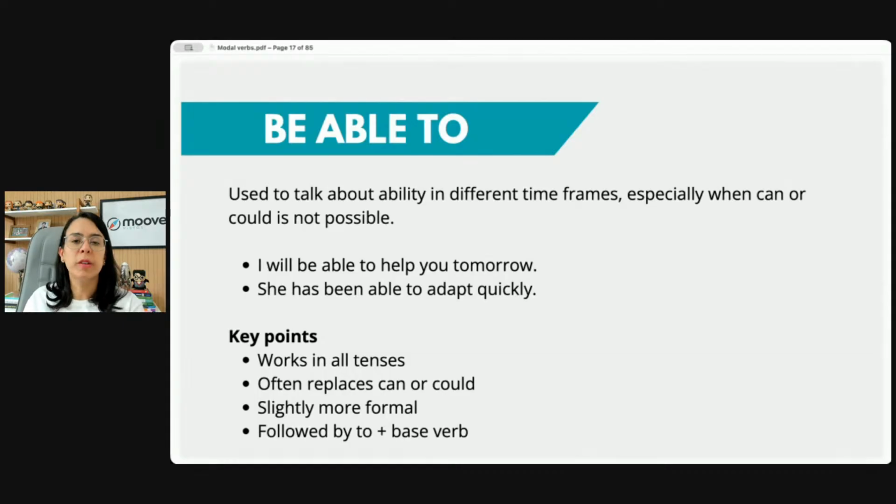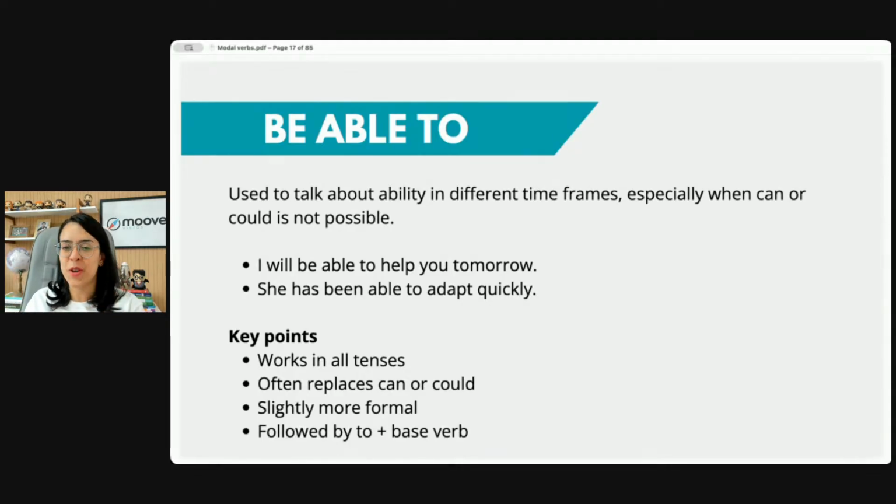When you are talking about the patient, for example, the patient is not able to walk without crutches at this moment, instead of saying the patient cannot walk. So be able to is definitely the right choice for you in this situation when you are talking about patients who are going through rehabilitation, for example.